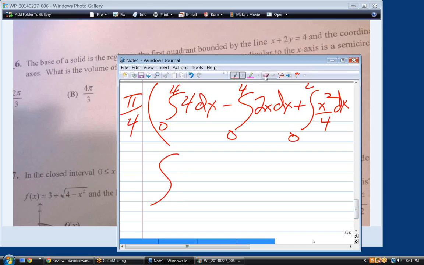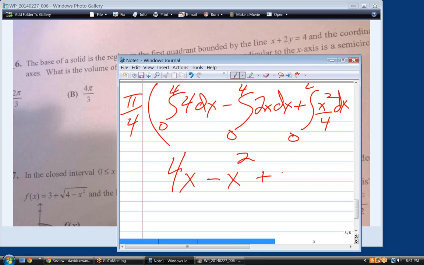It would be 4x, minus the integral of 2x, x squared, plus, what's that integral?